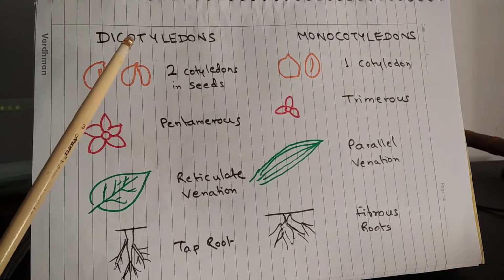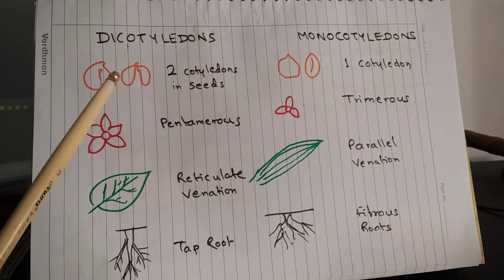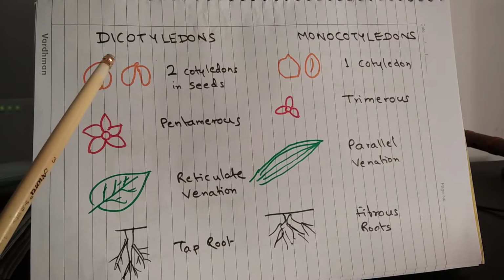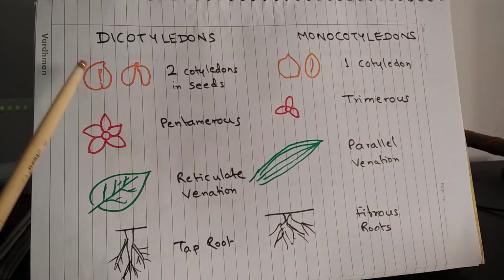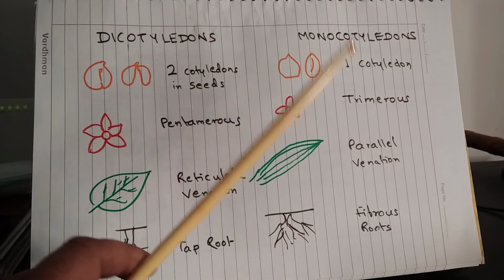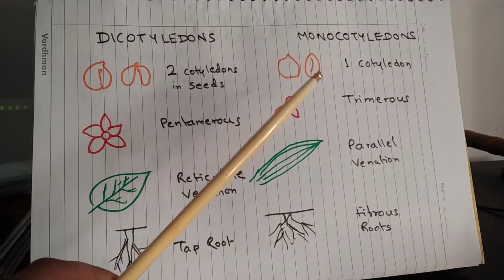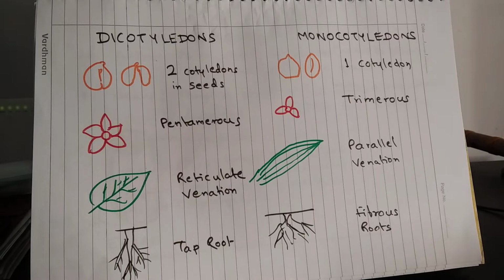For example, if you split a pea seed or a chickpea seed, you will find two clear-cut equal halves. They are cotyledons. The seeds of monocots have one cotyledon, like a seed of maize or wheat or rice. They have a single cotyledon.